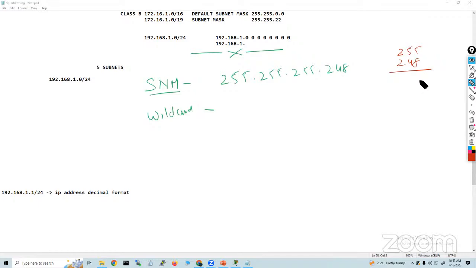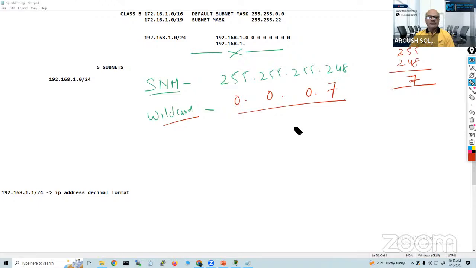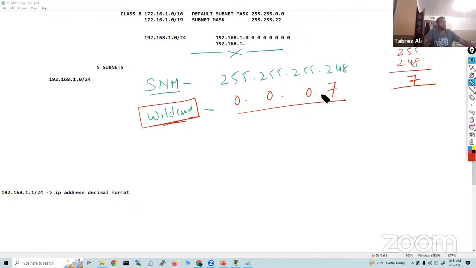If we go with the same example, the wildcard would be 0.0.0.7. Right, this is the wildcard mask. That's it. Tabrez, understood? Yes. And very important, I'll tell you the purpose of the wildcard mask. Lakshman, you understood, right?